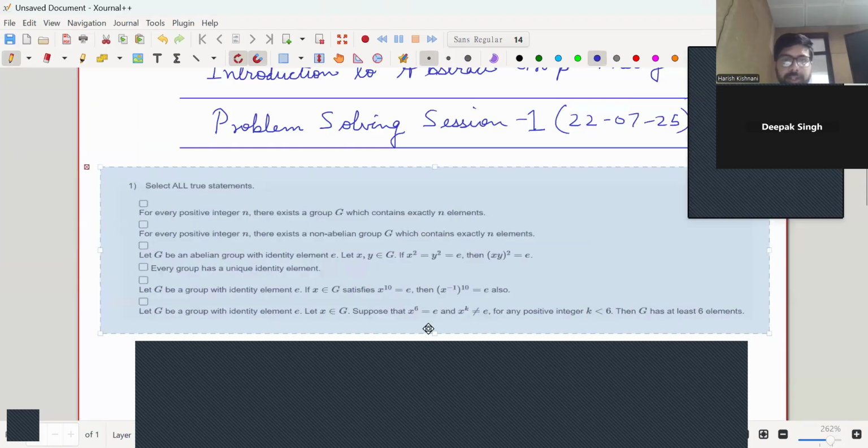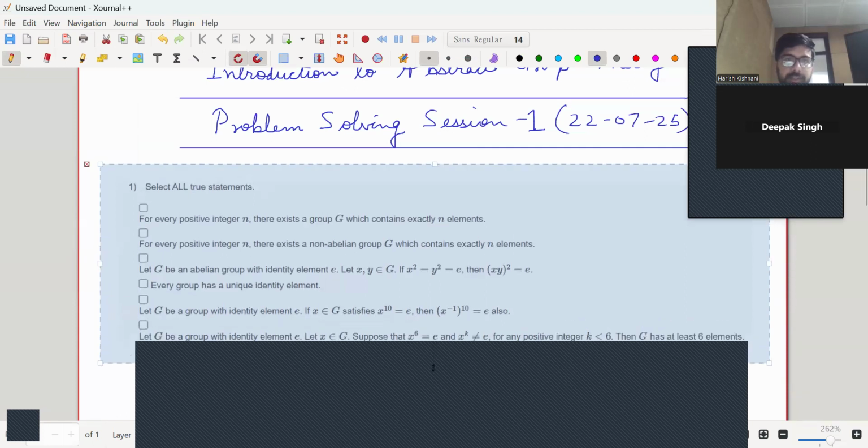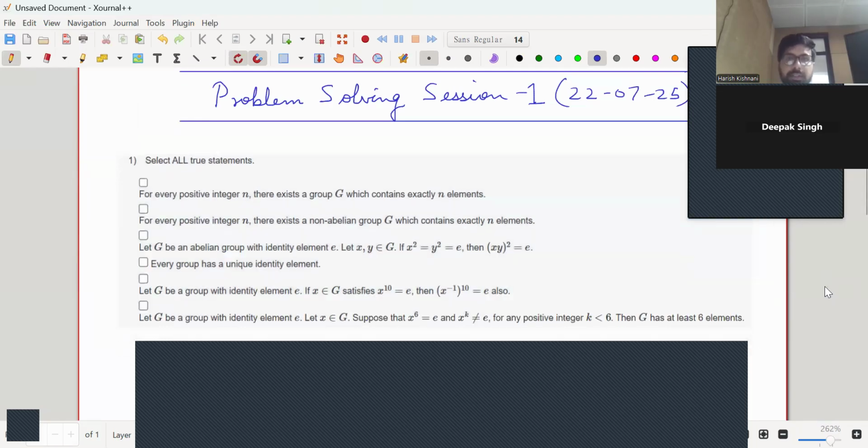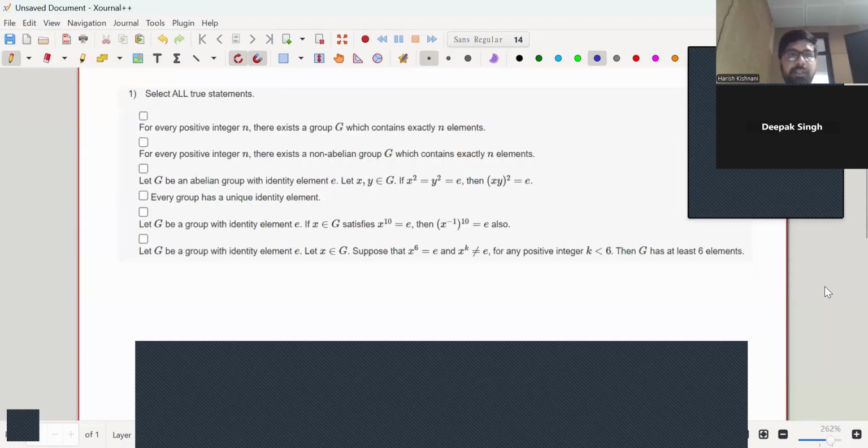If you have any query, then you can stop me anytime and discuss that. Okay. So this is from practice assignment 1. We need to select all the statements that are true.